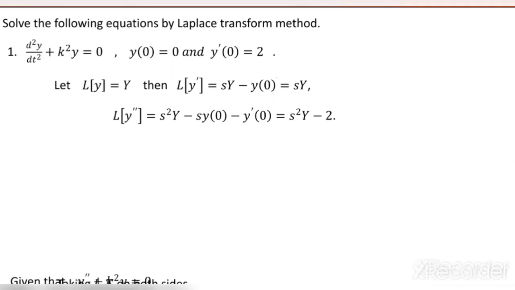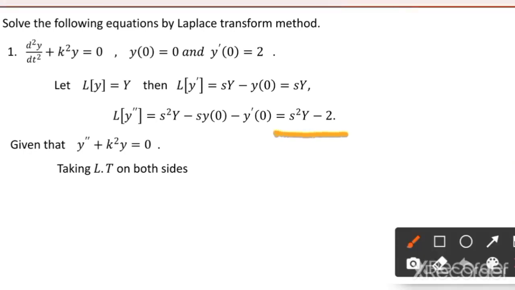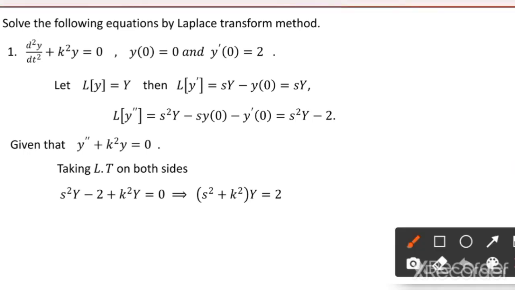Taking the Laplace transform on both sides and simplifying, what does it give? I have s square Y minus 2 plus k square into Y, because the Laplace transform of y is Y itself, and the Laplace transform of y double dash is s square Y minus 2.